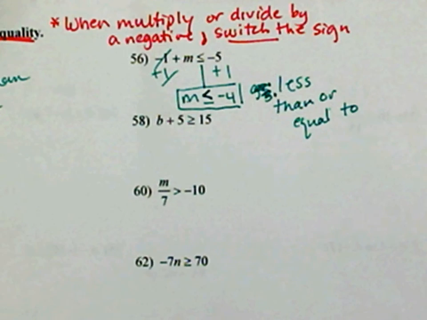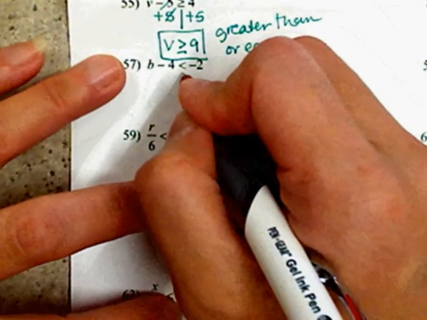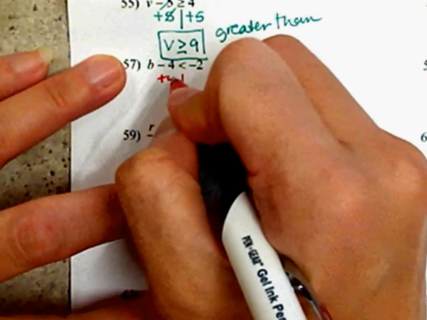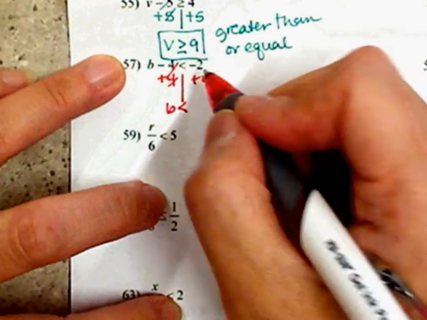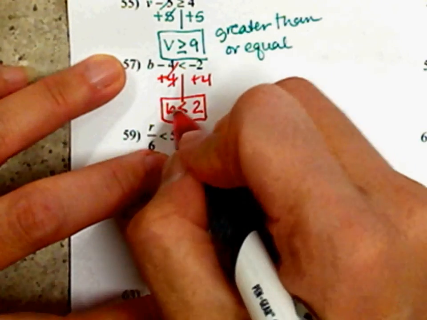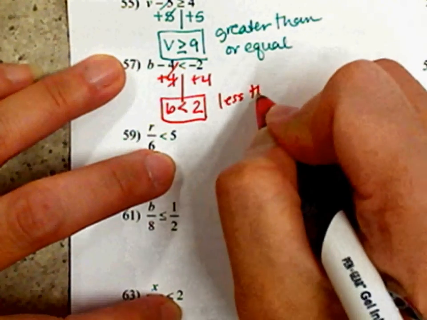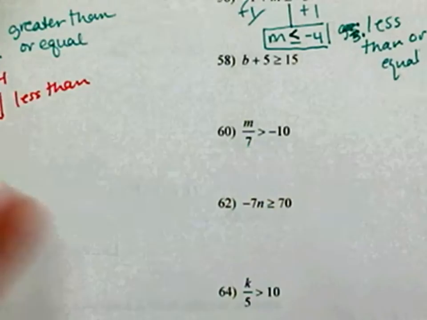Number 57. Let's take a look at this one. 1, 2. So I'm going to add 4 to both sides. Cancel. Do not change your sign. Negative 2 plus 4 is 2. B is less than. Number 58. 1, 2.